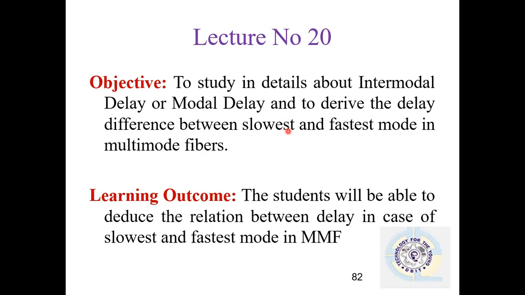So today you will be able to deduce the relation between the delay in the case of the slowest and the fastest mode in a multimode fiber. You should have your book with you, and your pen or pencil, because some formulas I will give you later are not there in any of the books, neither Senior nor Keiser, and they might be there in my typed notes. They are there in my handwritten notes, which I have hidden.